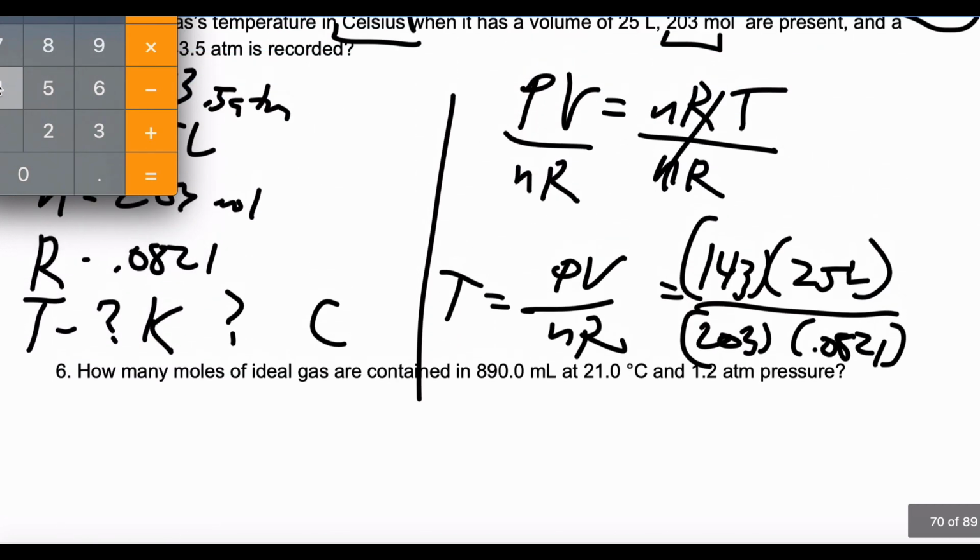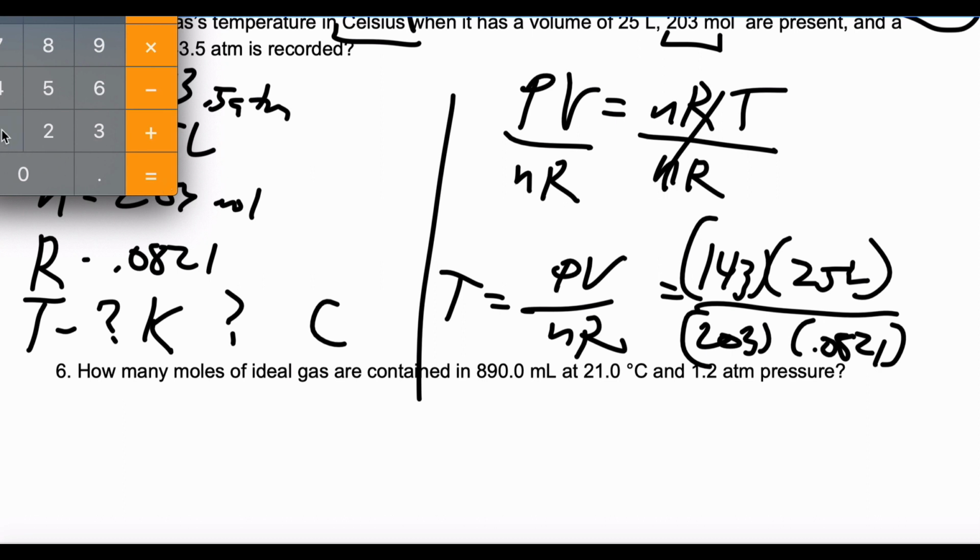So 143 times 25 equals that, divided by 203 equals that, divided by 0.082. Oh, whatever. It's just supposed to be 0.0821, so my number's going to be a teeny bit bigger than yours.